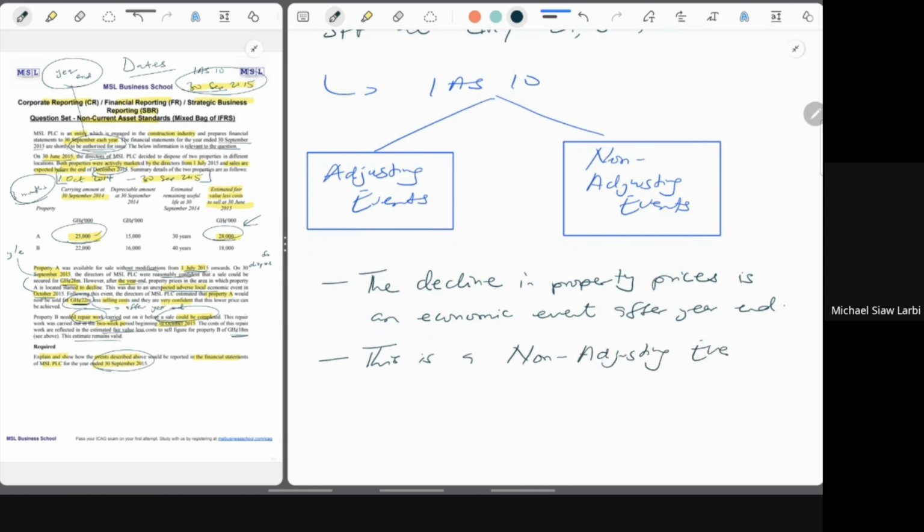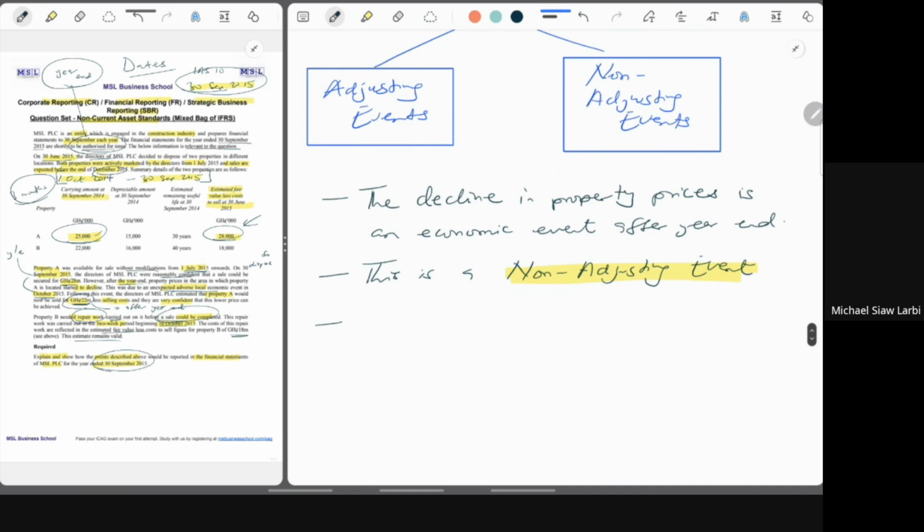This is a non-adjusting event. It does not provide further evidence of a condition that existed at year end. That economic event could have been positive. Here it is adverse, right? It's not something you factor in the financials. So we'll mention that this requires disclosure.